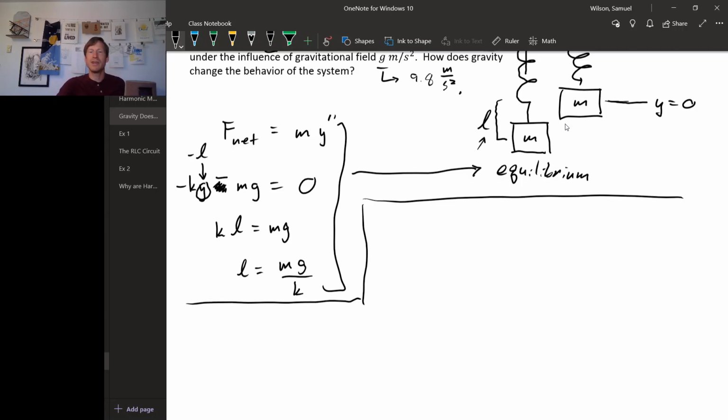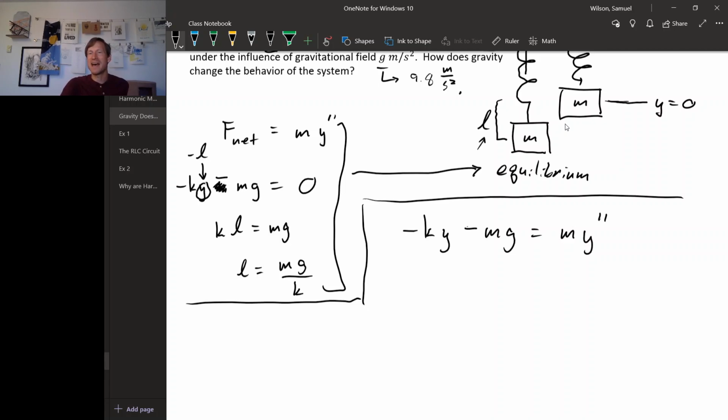The full differential equation is minus k times y minus m times g equals m times y double prime. It seems like everything is going to be a lot more complicated because now we have this extra term in our differential equation. But there's a clever way to remove this complication.